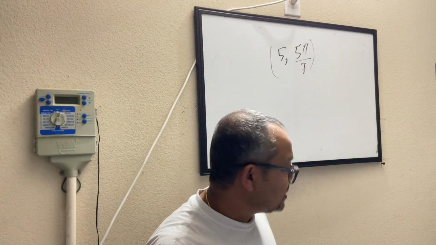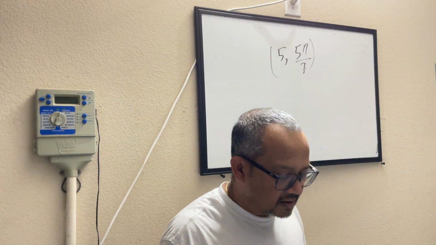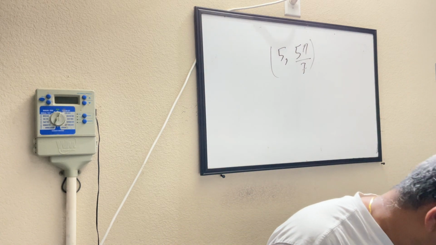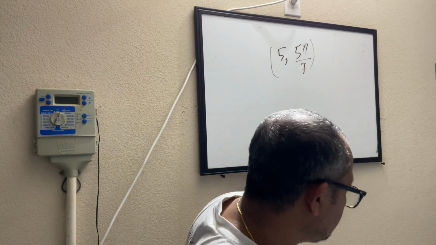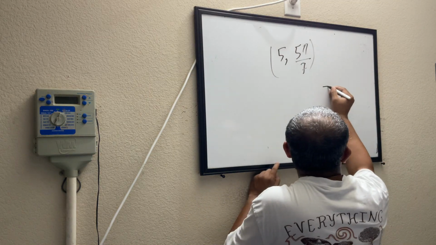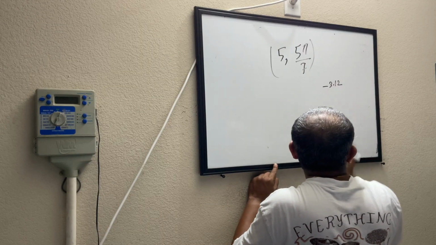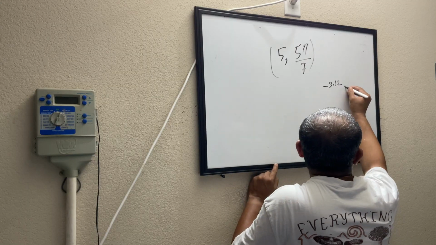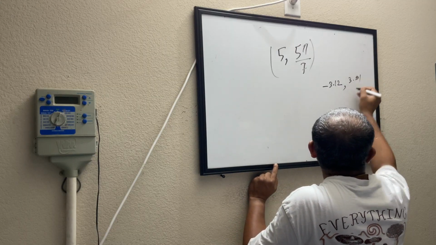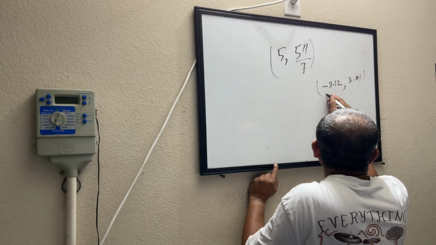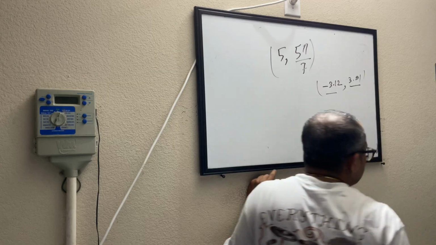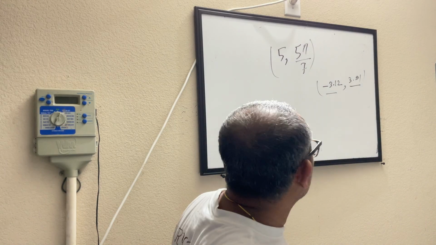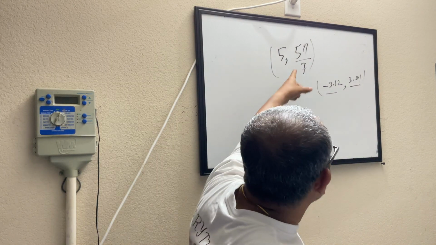Yes, Praneeth. After rounding, I got negative 3.12 as the x coordinate and 3.91 as my y. Okay, so x is a negative value and y is a positive value. So you are essentially in the second quadrant. Second quadrant, that is visible from here.